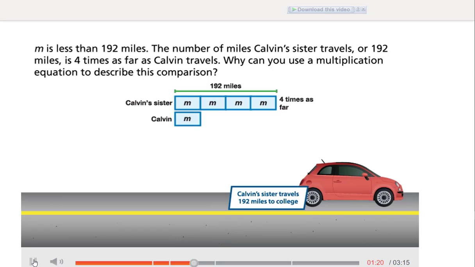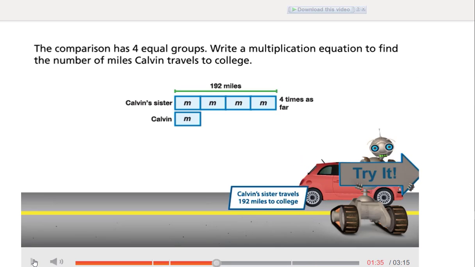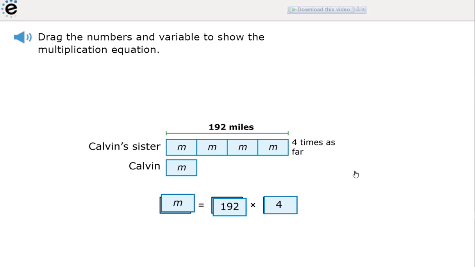Why can you use a multiplication equation to describe this comparison? The comparison has 4 equal groups. Write a multiplication equation to find the number of miles Calvin travels to college. Okay, we will try it, and I'll choose one of my heroes to help me with the equation.